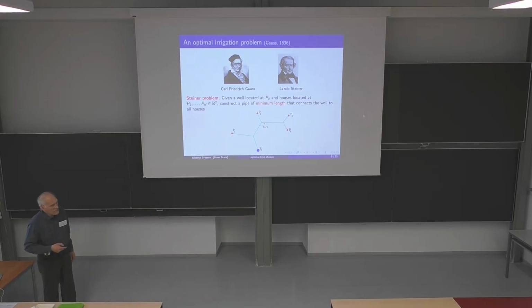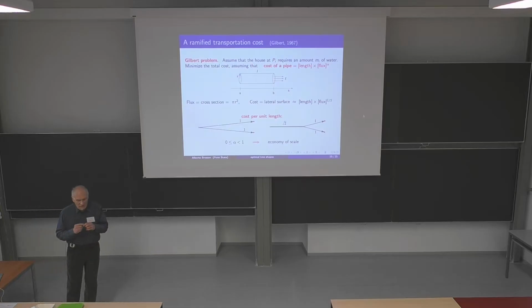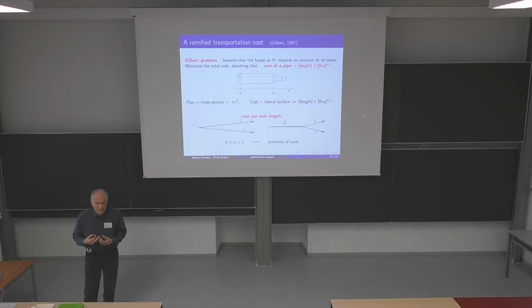However, this problem does not take into account the flux that I am transporting. A more recent definition of transport problem, or ramified transport, is where the cost of a pipe depends not only on the length, but also on how much flux, how much water you are transporting.